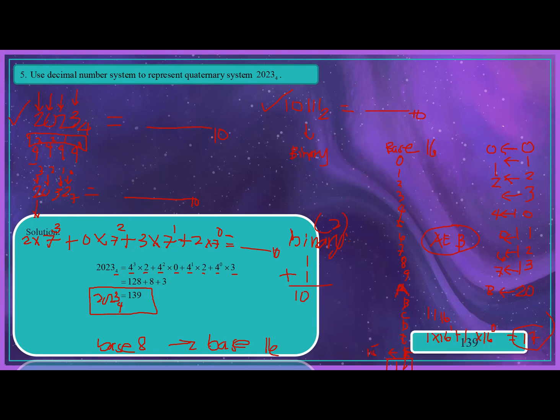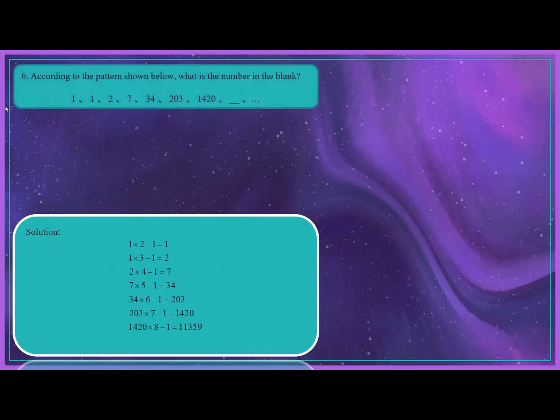Next. According to the pattern shown below, what is the number in the blank? On this kind of problem, there are many ways to solve this. It's up to your thinking what pattern shows up in your mind. But here, this would be the pattern.